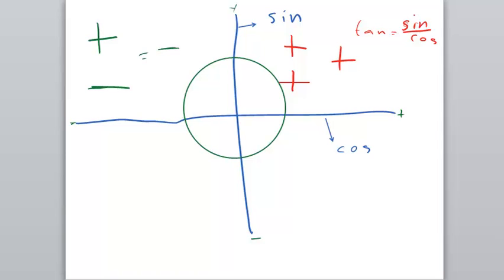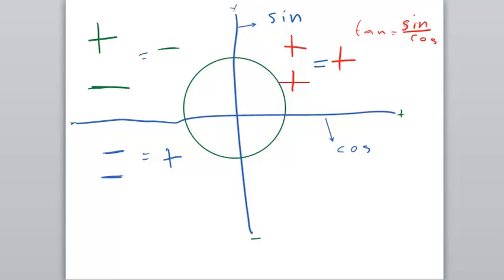Let's come here. In here, all of them are actually negative. Sine is negative and cosine is also negative. So the division of negative by negative would be positive. So tangent is actually positive. Let's look at here.